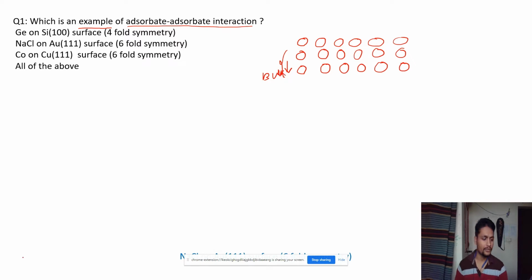The surface atom needs to go through reconstruction. If an adsorbed atom comes here, since the coordination number of surface atoms is very low, then due to the adsorbate and surface interaction, the adsorption actually occurs.